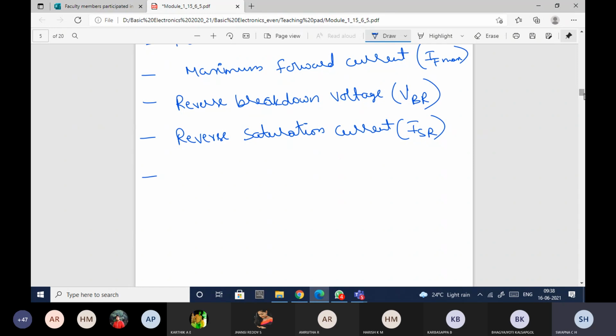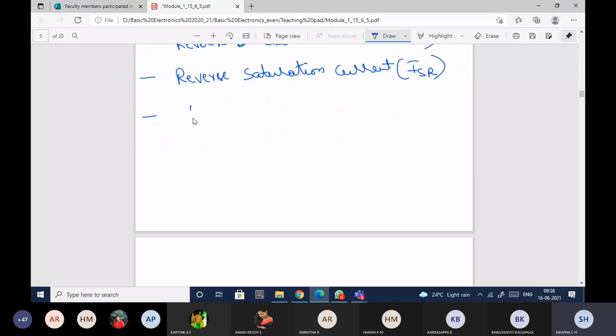Next, of the 5 parameters, 4 I have already defined. Then the dynamic resistance, which is denoted with RD. Generally, what do you mean by resistance?